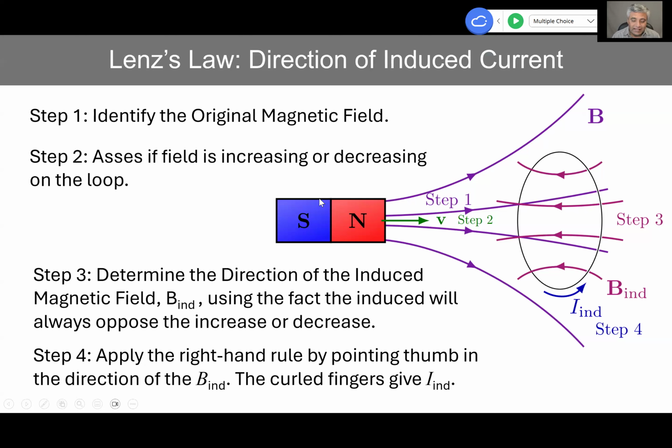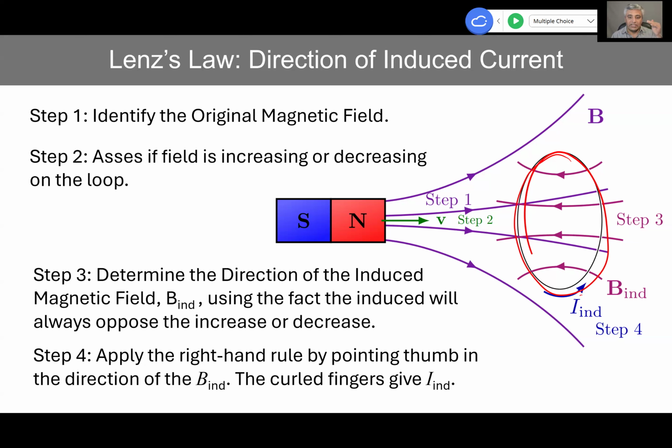So now let's learn how to take care of that negative sign. So that negative sign, or the Lenz law, says that when there is induced current in the coil, for example, like this, it always induces in a direction so that it opposes the change.